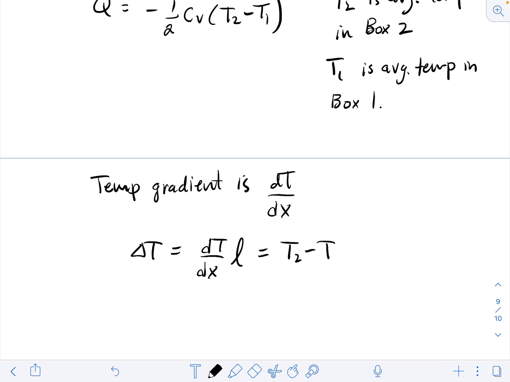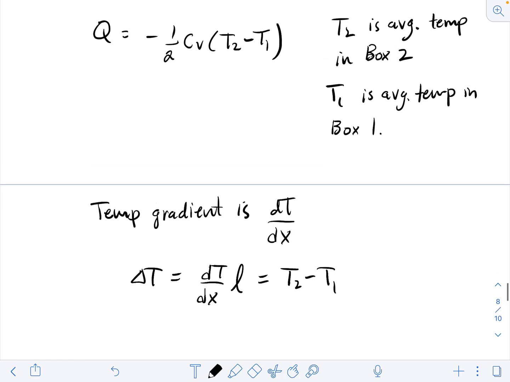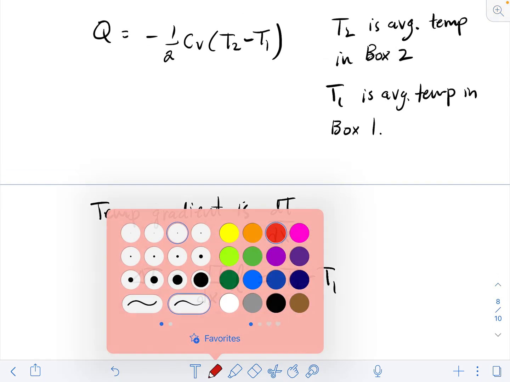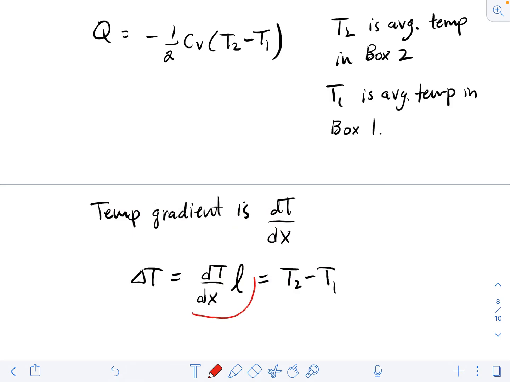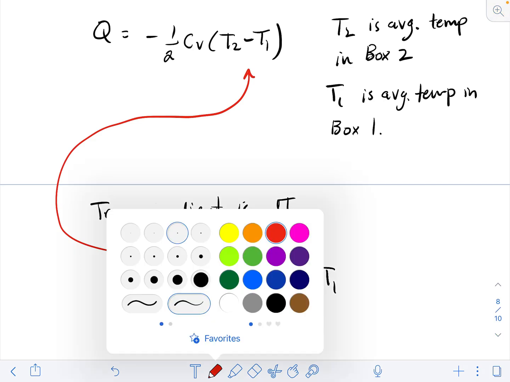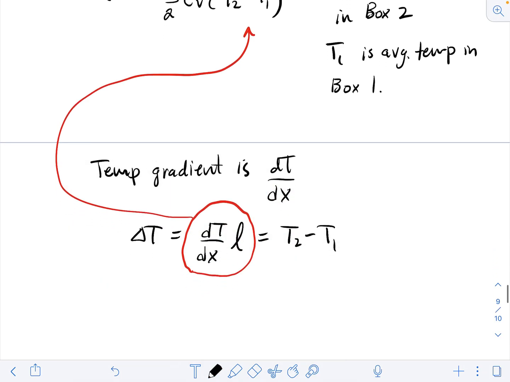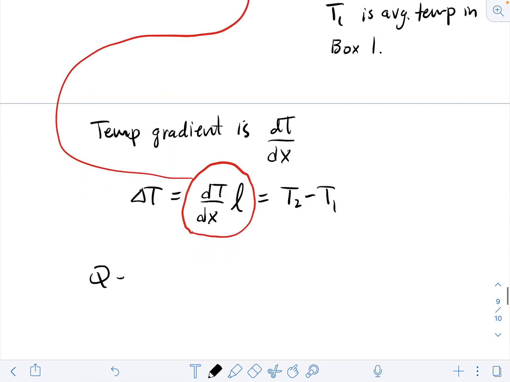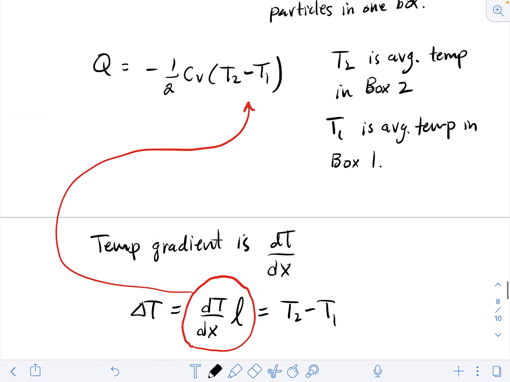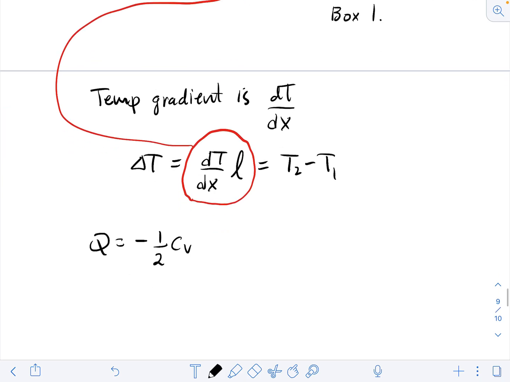This is equivalent to T2 minus T1, and we'll substitute this expression for the temperature difference into our heat expression. And so what we're left with then is Q is equal to minus 1/2 times the heat capacity, and this delta T becomes the mean free path times the temperature gradient.